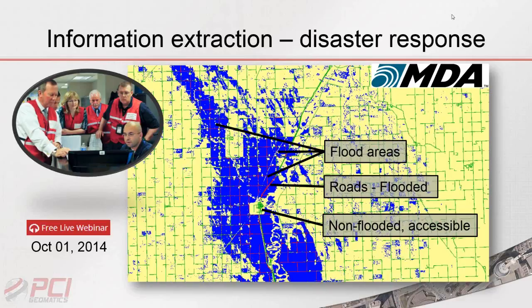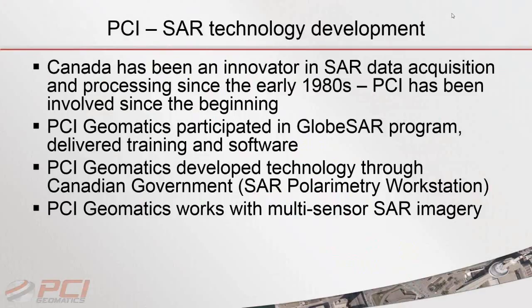So a quick few words on PCI Geomatics and the development of SAR technology and SAR expertise over a number of years. I just want to mention that Canada has been an innovator with synthetic aperture radar for a number of decades now.